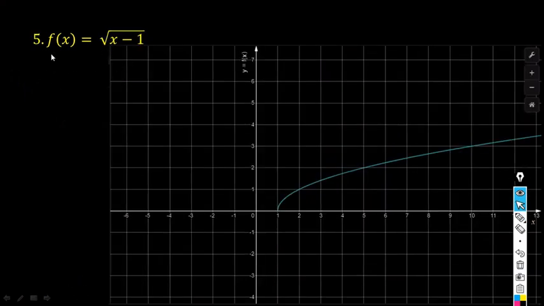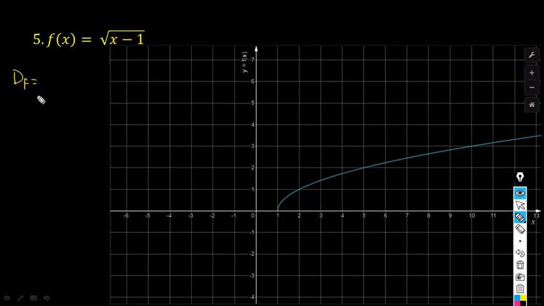This one, 5. f of x equals the square root of x minus 1. So look at the graph. By the way, what is the domain? Can you get me the domain by looking at the graph? You get now the idea.